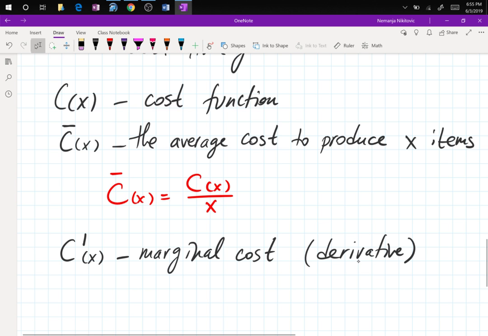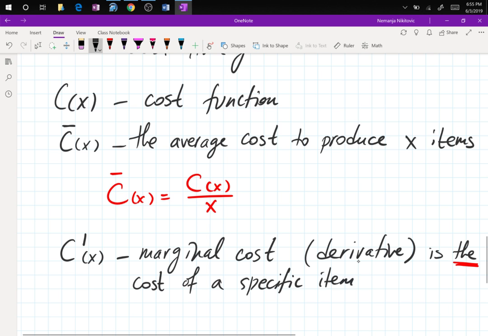Marginal cost is the cost of the particular single item. So marginal cost is the cost. Please make sure that you understand. I said the cost, the specific cost of a specific item.